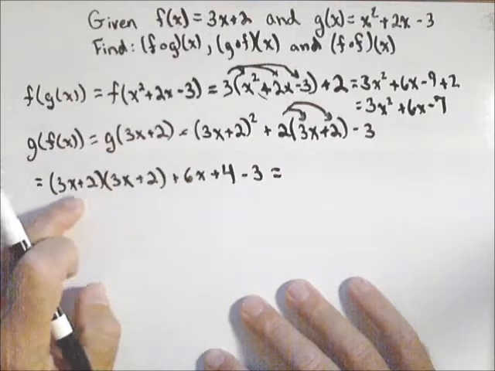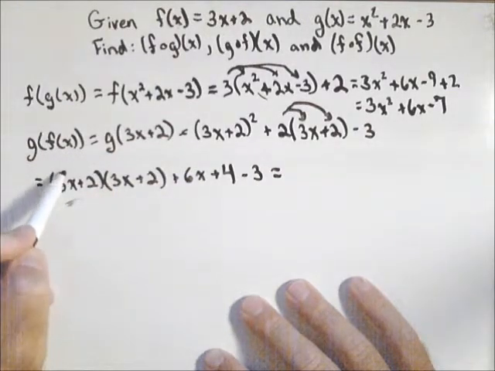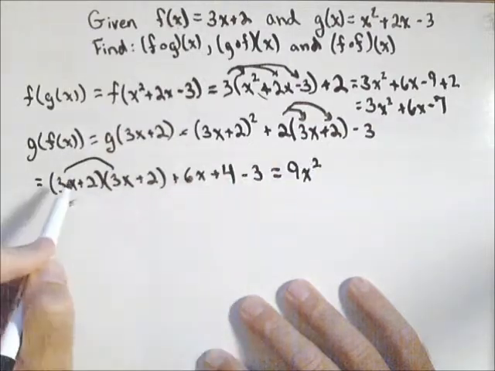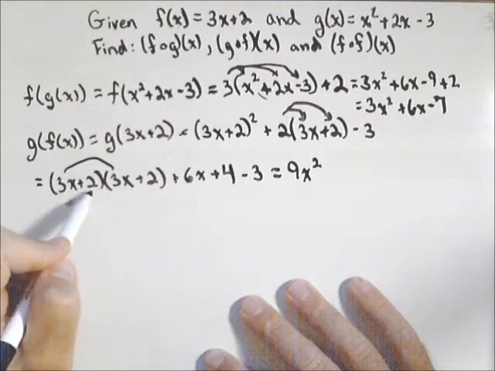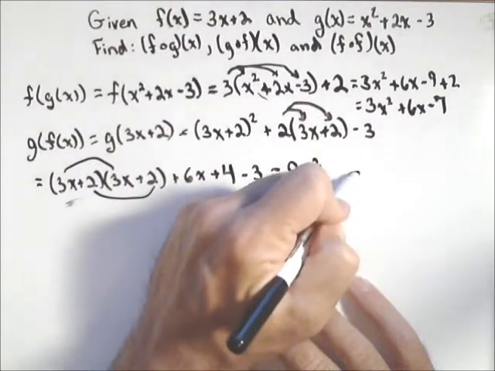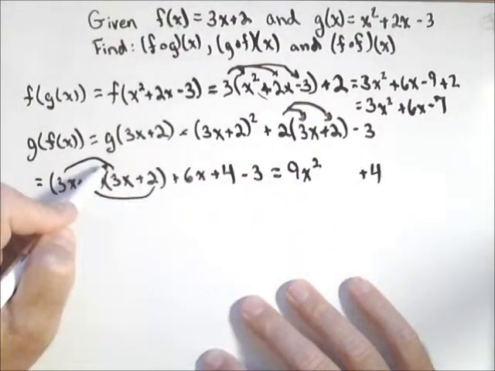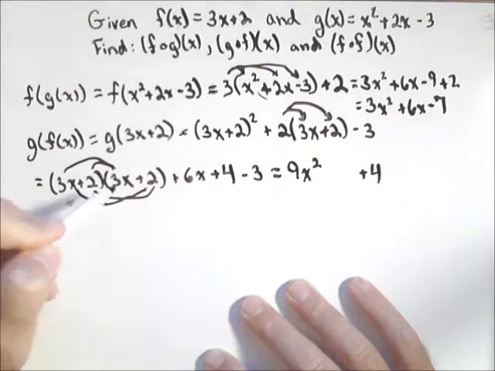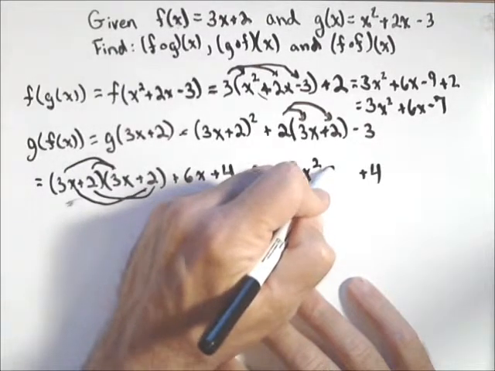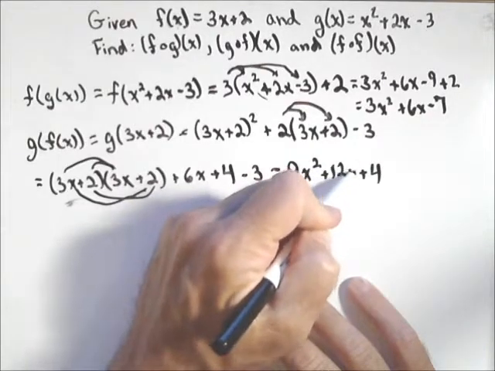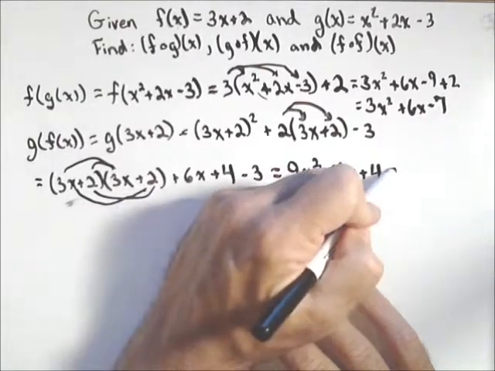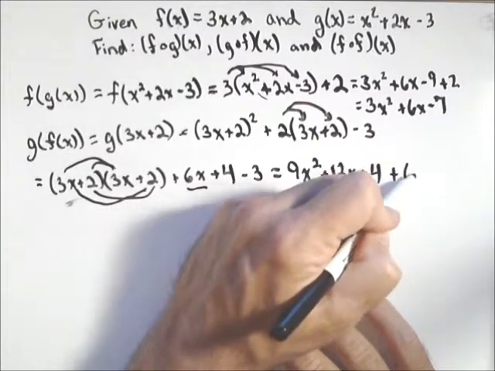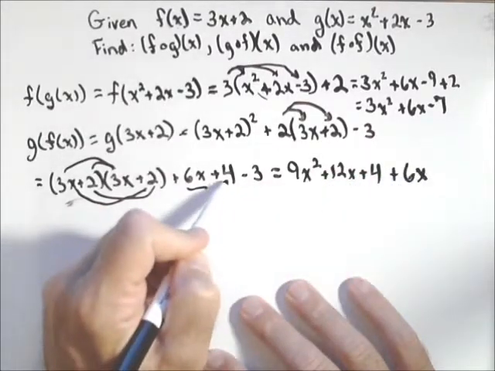So here we're going to do our FOILing. So the 3x times the 3x is 9x squared. And then here we have 2 times 2, so we're going to have a plus 4. And then we have a 6x and another 6x, so plus 12x. Plus, don't forget these terms, plus the 6x here, plus 4 minus 3.